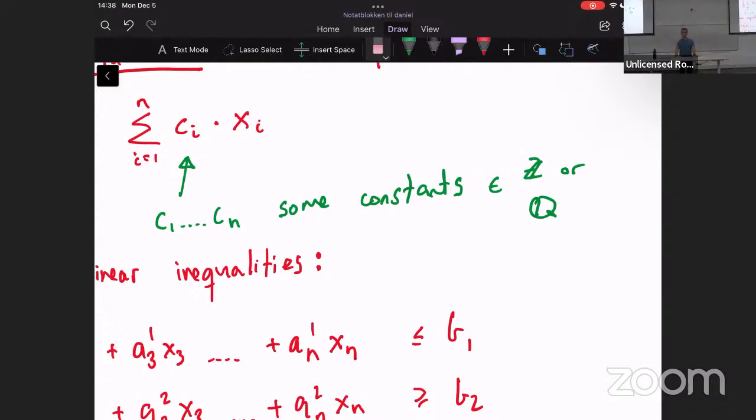Yeah, so basically if they're rationals, then all of them have some denominators. If you multiply both the objective function and the constraints out with the least common multiple of all of the denominators, then everything becomes integers. But the least common multiple of all of the denominators could be a really big number. Now, how big can it be?